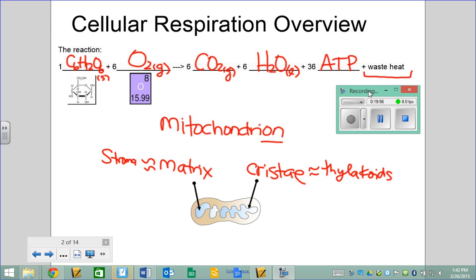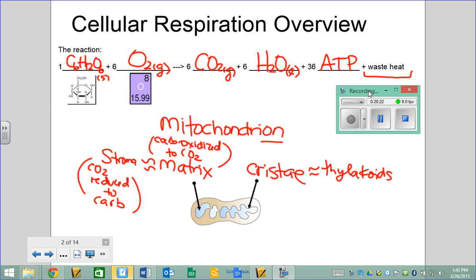So that you can see what's happening overall in these places. In the stroma, we know this because you're having a quest tomorrow. In the stroma, CO2 is reduced to a carbohydrate. In the matrix, a carb is oxidized to CO2. See how that happens?